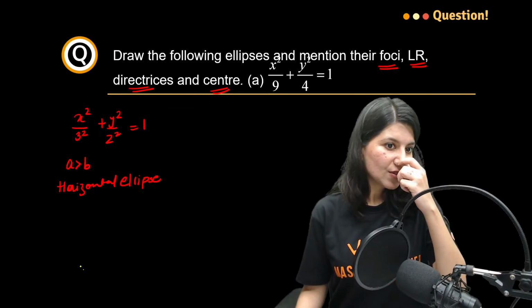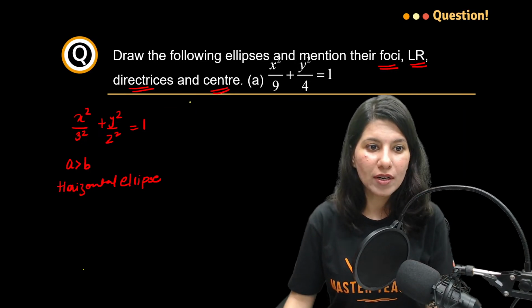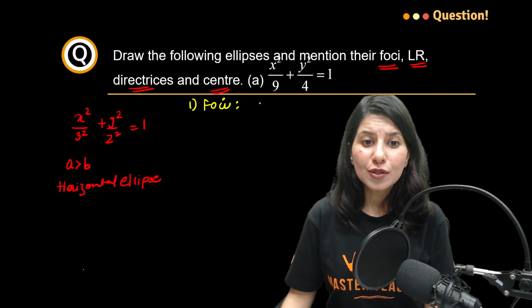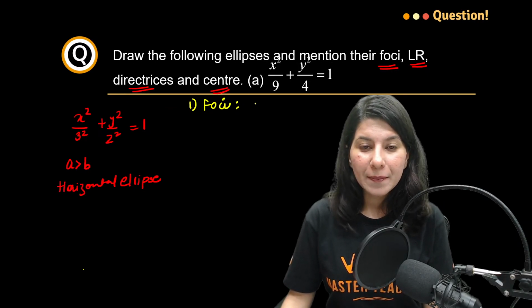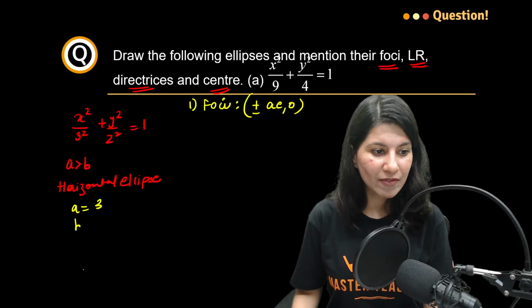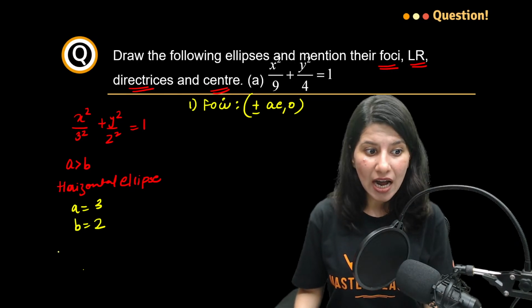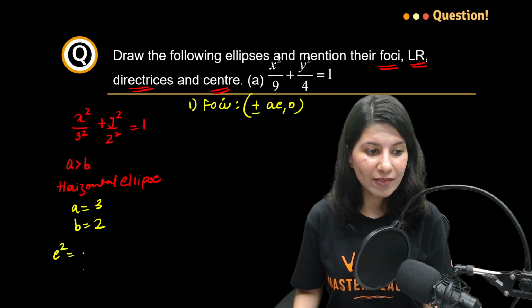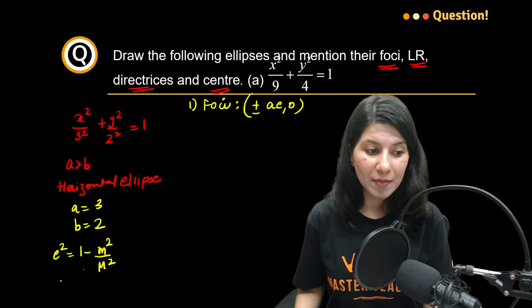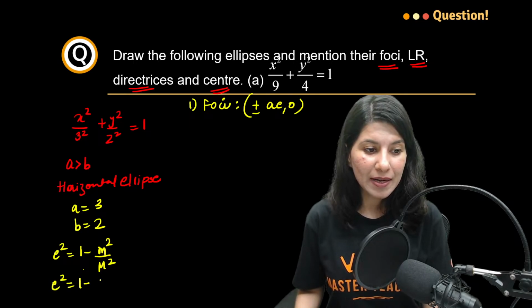So first what they are asking is foci. So foci will be plus minus AE comma 0. Value of A is 3. Value of B is 2. I want E. E square will be 1 minus small square upon big square. Remember? So E square will be 1 minus 2 square upon 3 square.